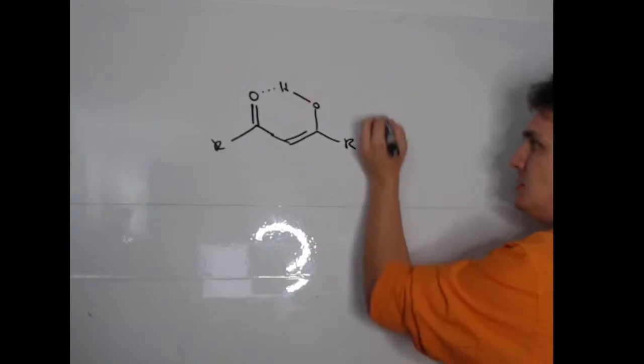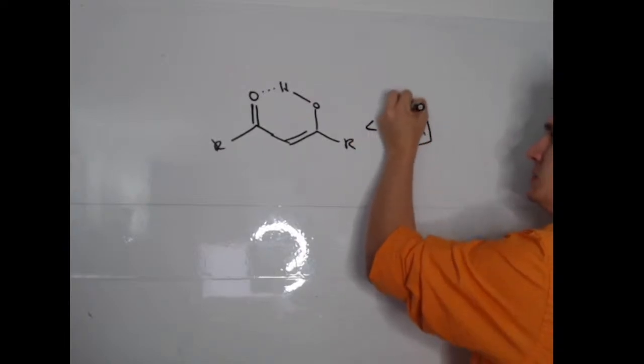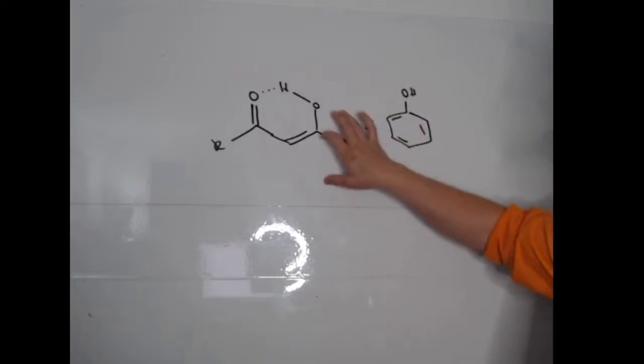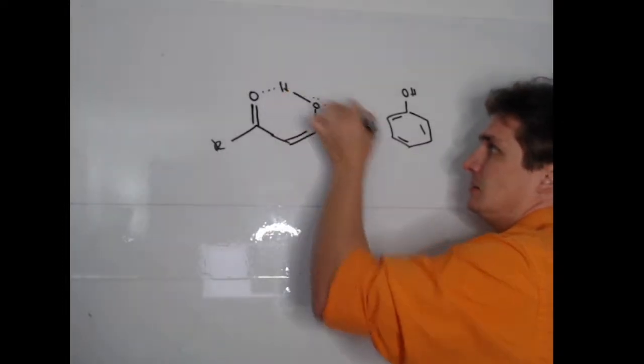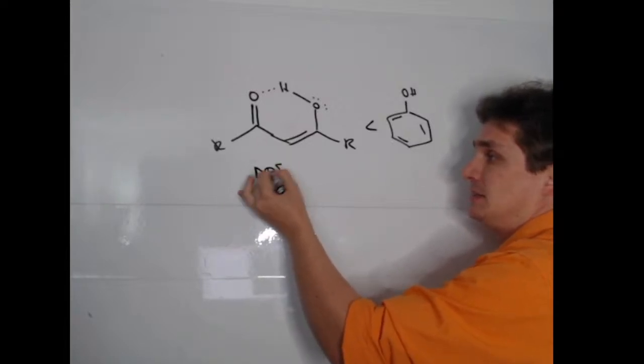So if you compare this to phenol, phenol is aromatic, and in order to make the ketone, you'd have to break the aromaticity. So if there was a way to make this aromatic, in principle you could, but under the restrictions of Lewis theory, this is not aromatic.